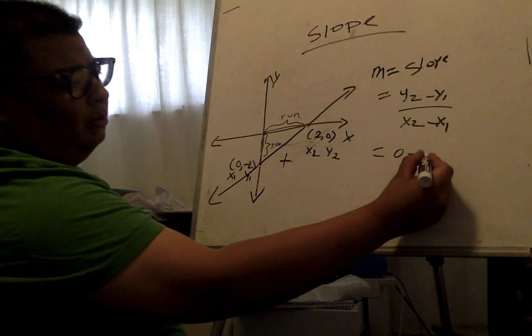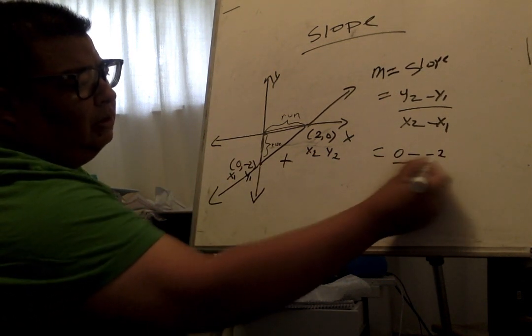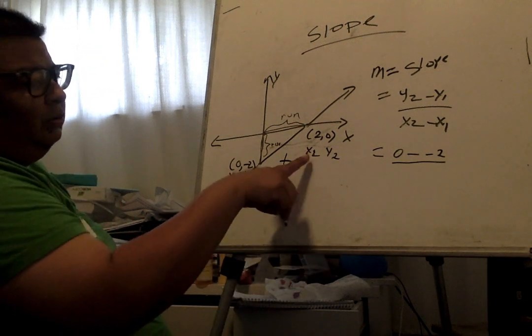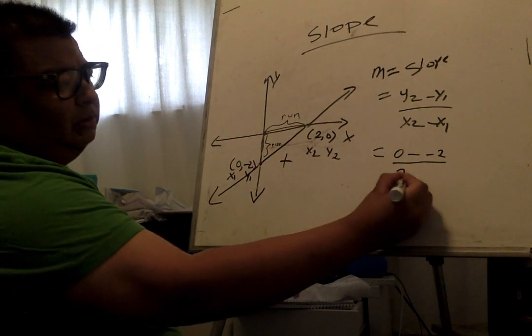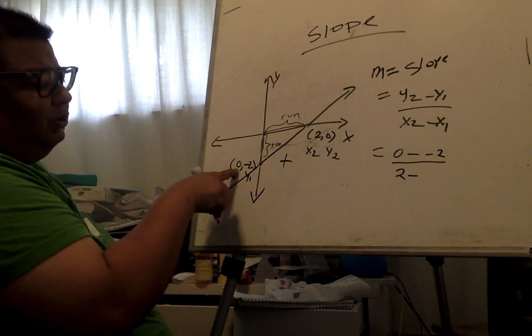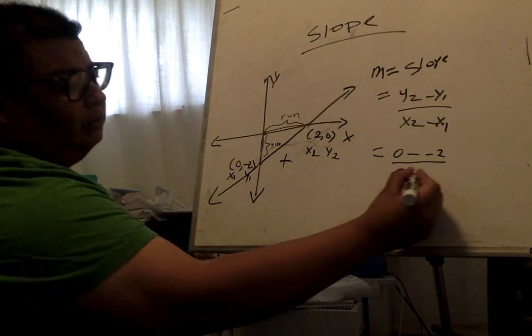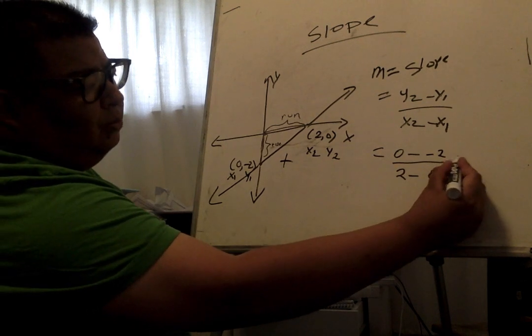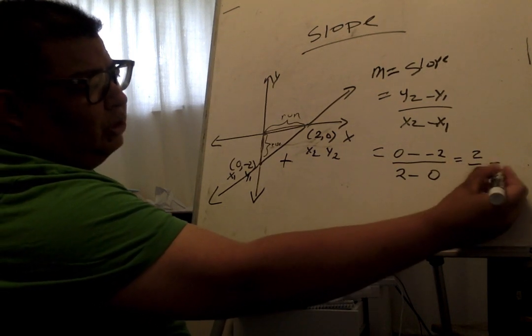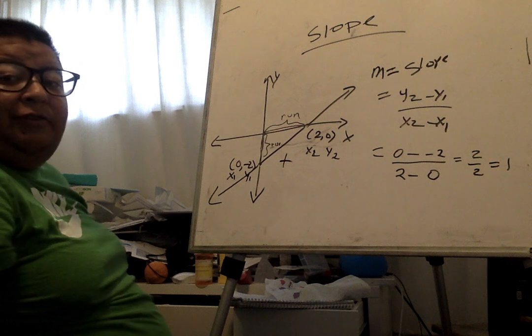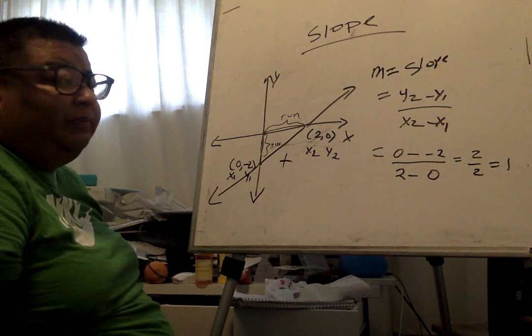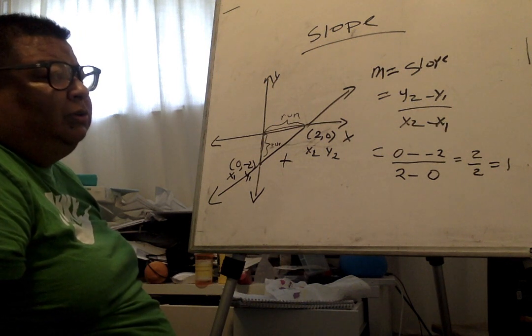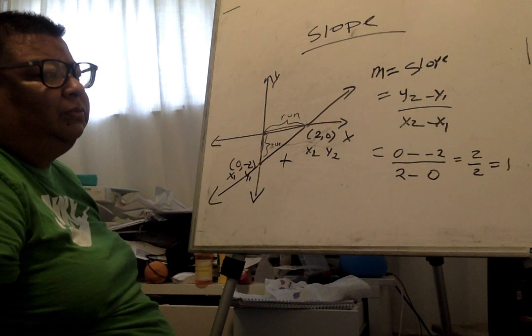Minus 2. Minus 2 over x2, which is 2, minus 0, because that's your x1, minus 0. Minus is positive, so this will become 2 over 2, which is 1. It gives us the same value as we found graphically. So that checks out. That means that we have the right answer.